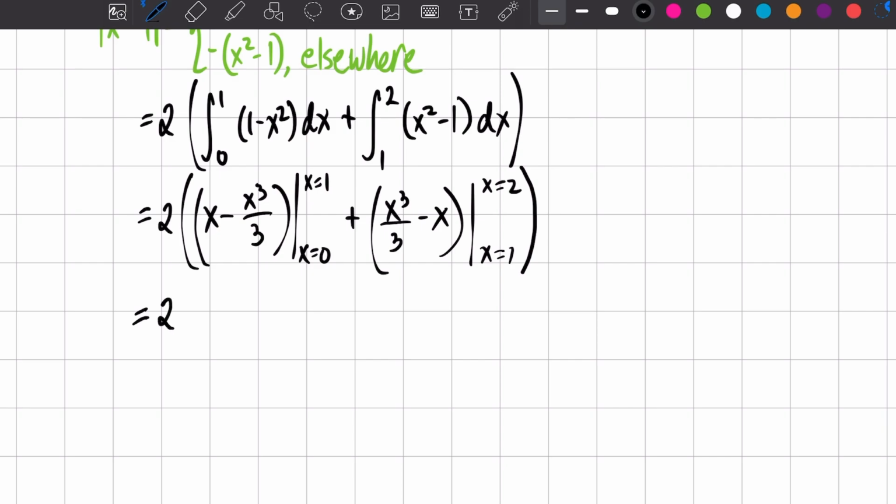We have 2 times, for the first one, we have, wait, let me change this one to bracket so that it will be a little bit clearer.